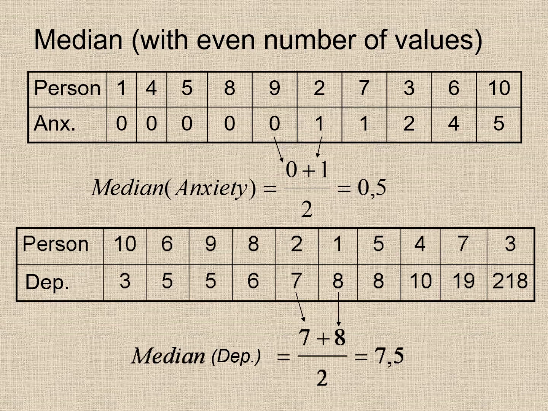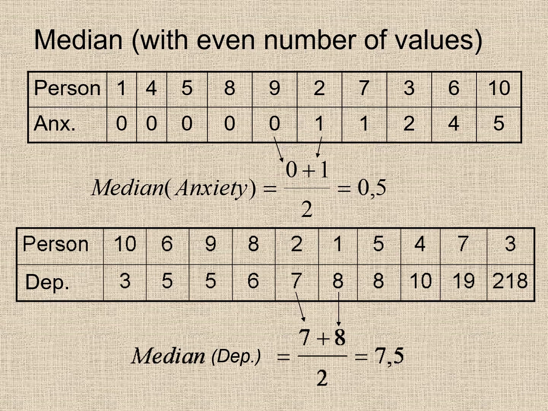So for instance, here for depression, we have a value of 218, which is much higher than the other ones. But if the scale we use for depression in this case would be considered to be on an ordinal level, then we know that 218 is higher than the other values, but we wouldn't say that 218 is much higher than the other values. It's just the highest value.